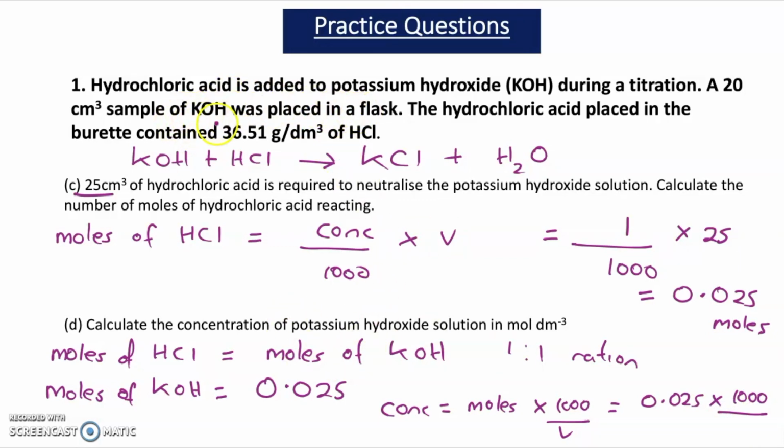Okay, and when I do that and put those numbers into my calculator, I come out with a concentration of 1.25. And the concentration is measured in moles per decimeter cubed. So it's 1.25 moles per decimeter cubed. And I can just simply write a capital M, which is a symbol for moles per decimeter cubed.